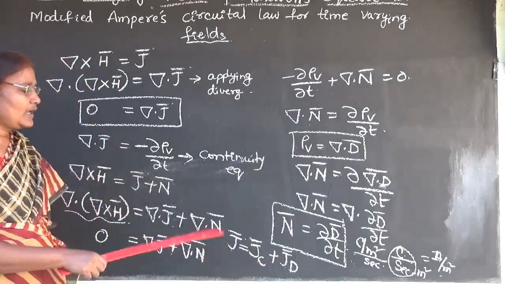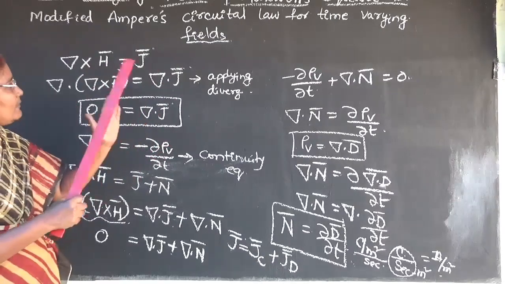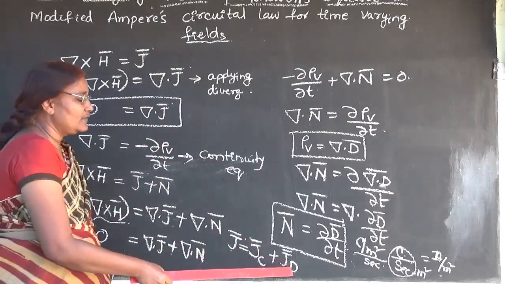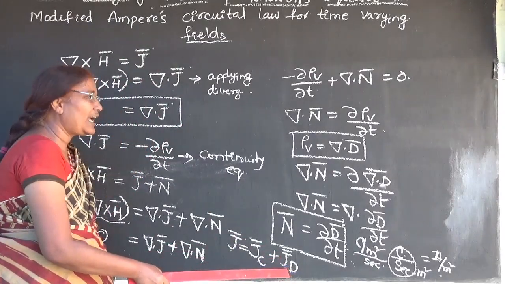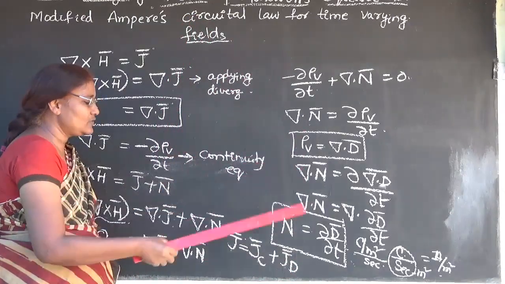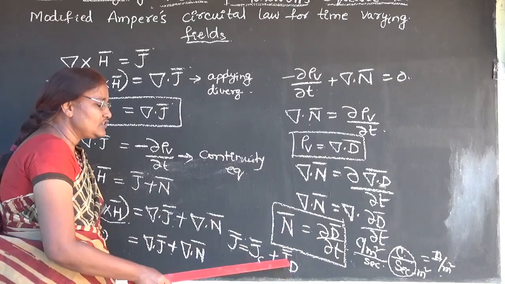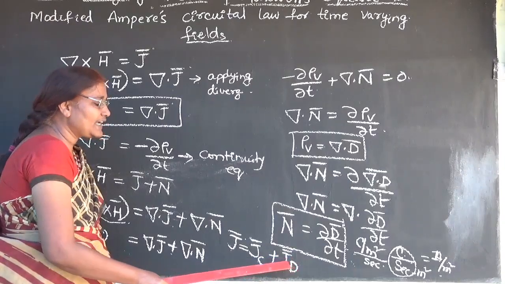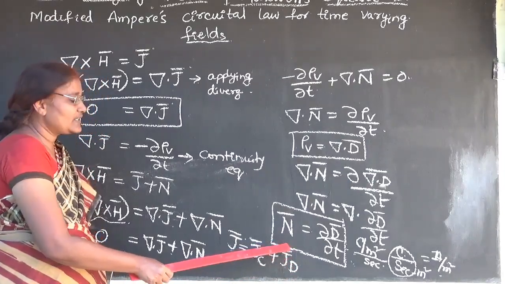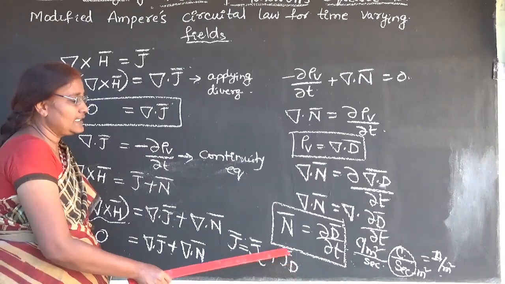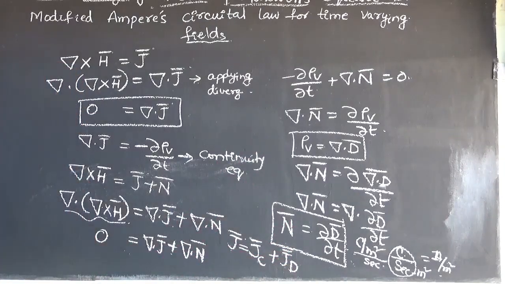In time varying fields, we will encounter in electromagnetics a new current density, which is called displacement current density, represented with JD bar. So I will rub this and we go for the next topic.